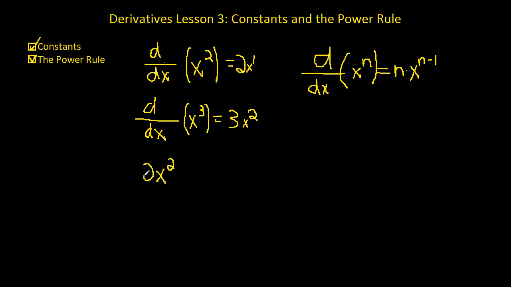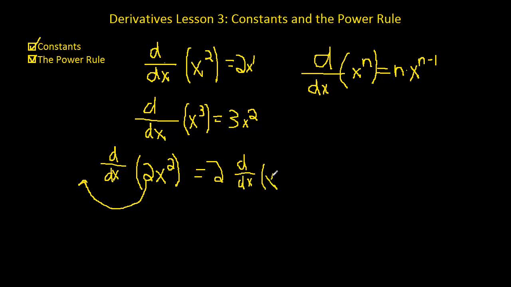What we can do is take the 2, sorry, get ahead of myself. If we take this instead of x squared, 2x squared, and find the derivative of this, what we can do is take the 2 out. If we're multiplying by a constant like 2, we can take it out. So what we have is, this is equivalent to the 2 times the derivative of x squared.